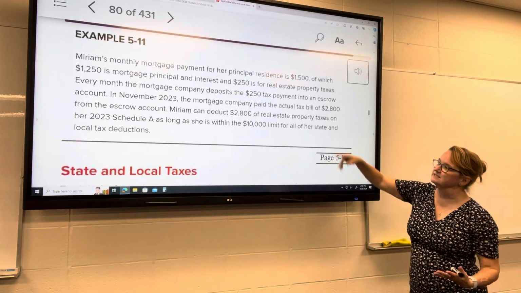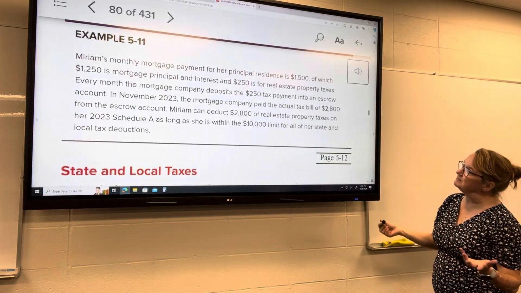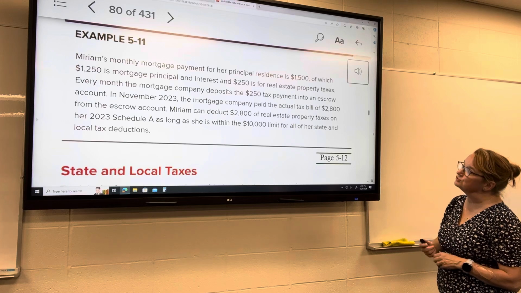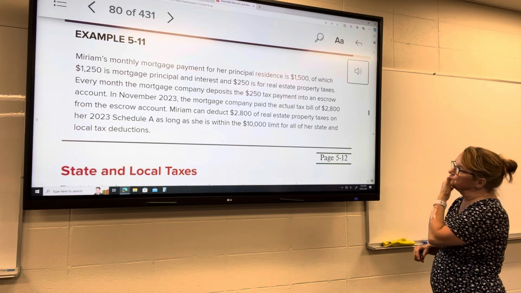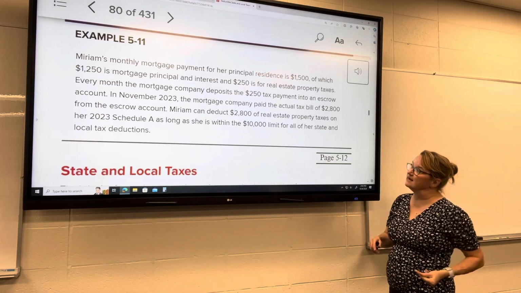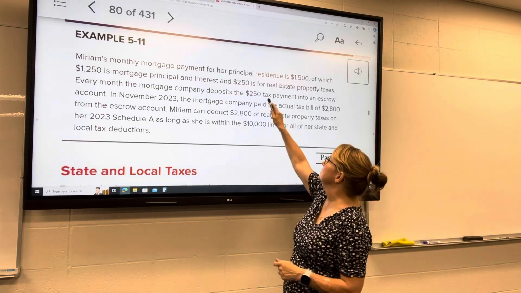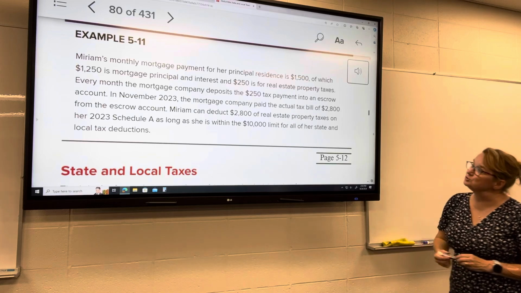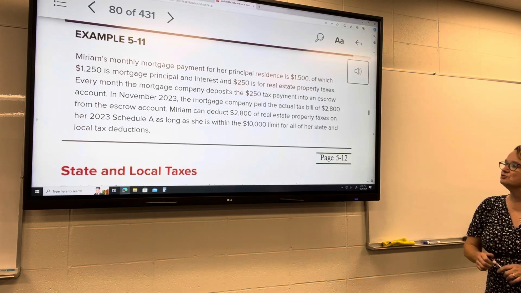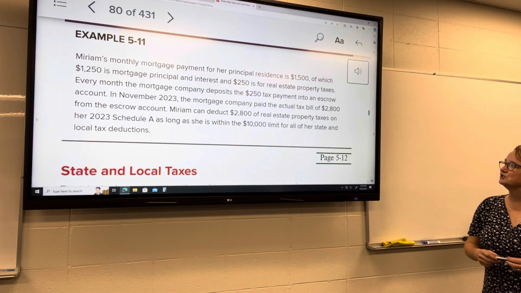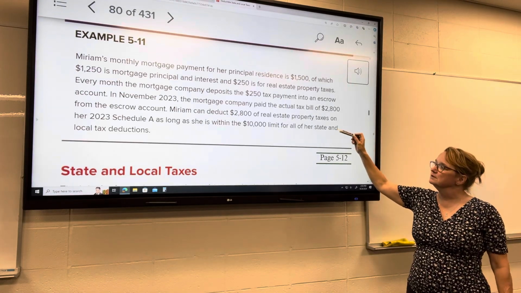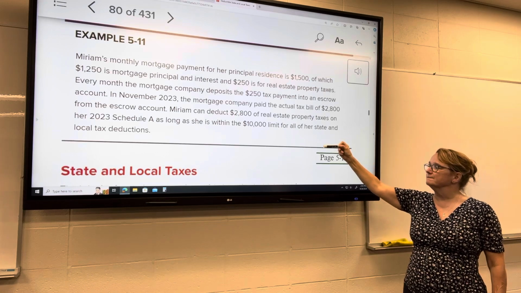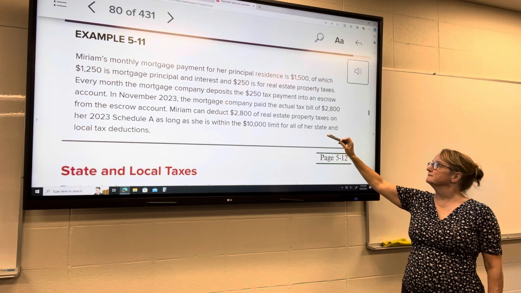So here we got an example. Monthly mortgage payment is at $1,500. Of that, $1,250 is principal and interest, and $250 is for real estate property taxes. Every month, the mortgage company deposits $250 into an escrow account. November 2023, the mortgage company paid the actual tax bill of $2,800. Miriam gets to deduct $2,800 on her 2023 tax return.